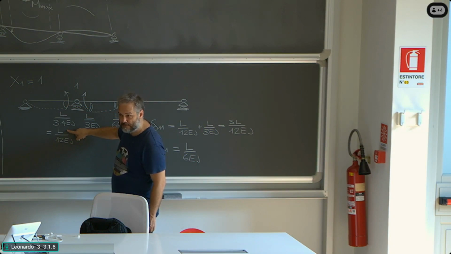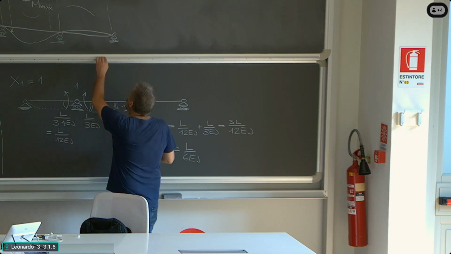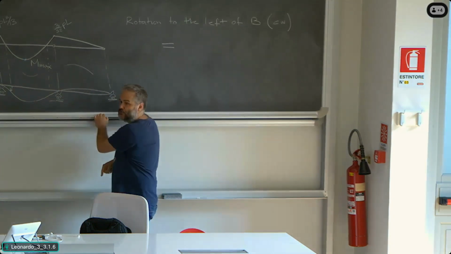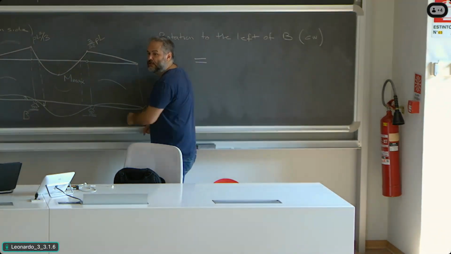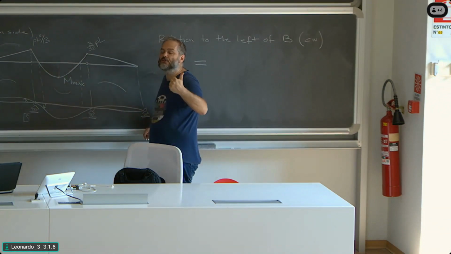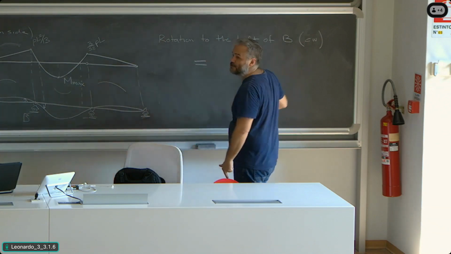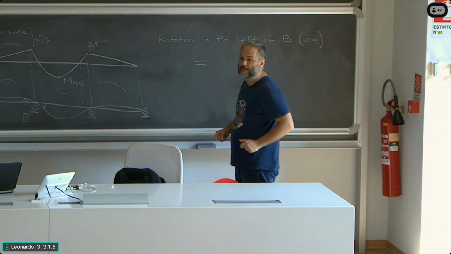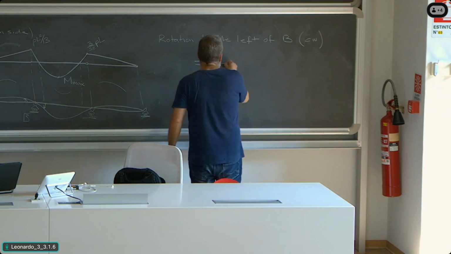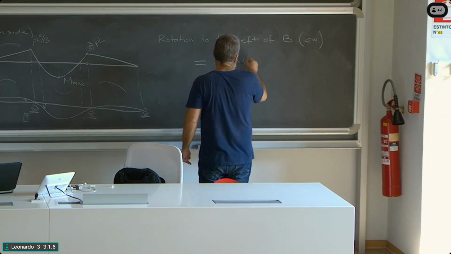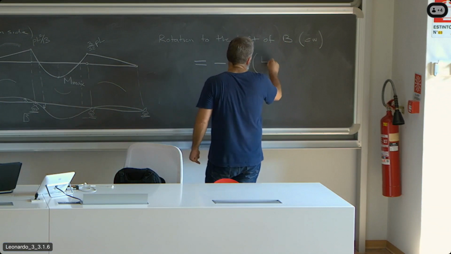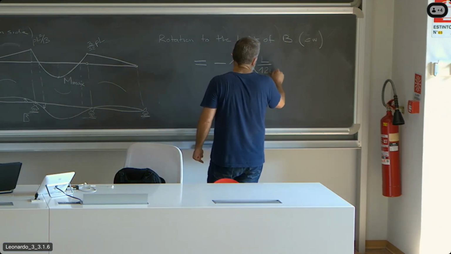Agree? If I want the actual rotation, I should replace the unit value with the actual value of x1, and if I want the clockwise rotation, I have to put a minus sign. So I'm going to write it as minus x1 times L over 12EJ.